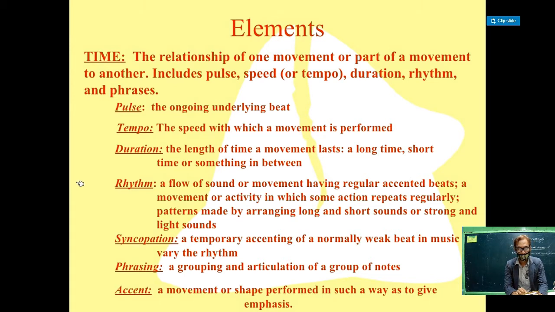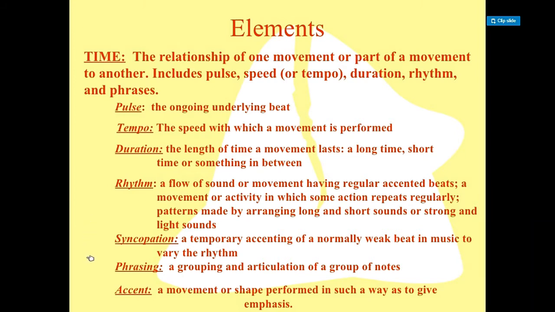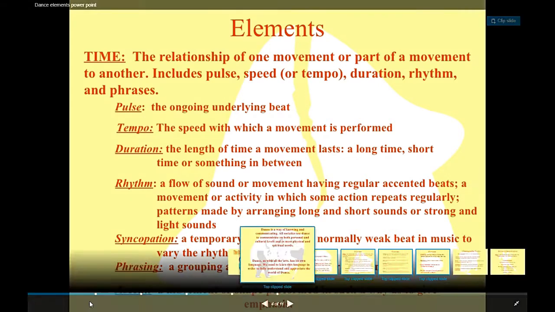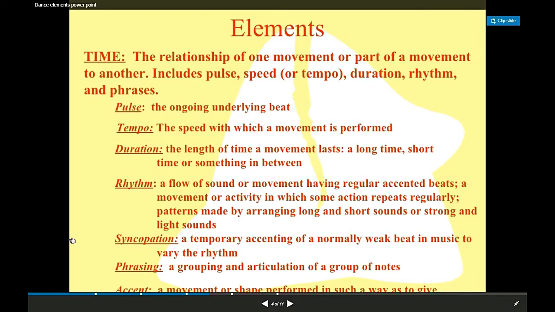All these elements of time: the pulse, tempo, duration, rhythm, syncopation, phrasing, and accent. What are these words all about? I don't have to read this all for you. You read it yourself silently and try to understand every line, every sentence, and every slide in our videos, okay?